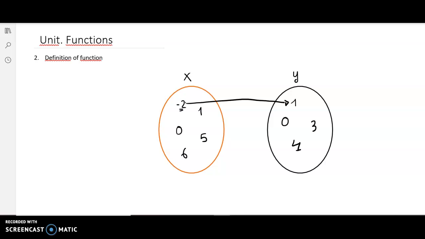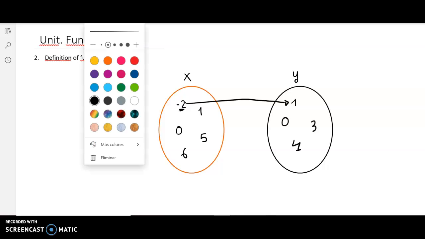So it means that we have a relationship from -2 to 1. From -2, we cannot make a different connection. This is not possible in a function. In a function, we have only one relationship from -2 to 1.